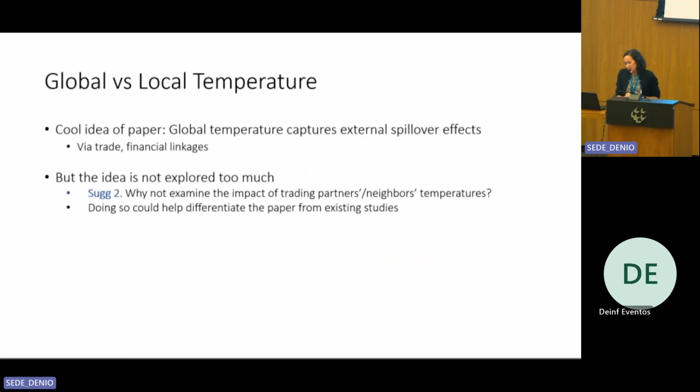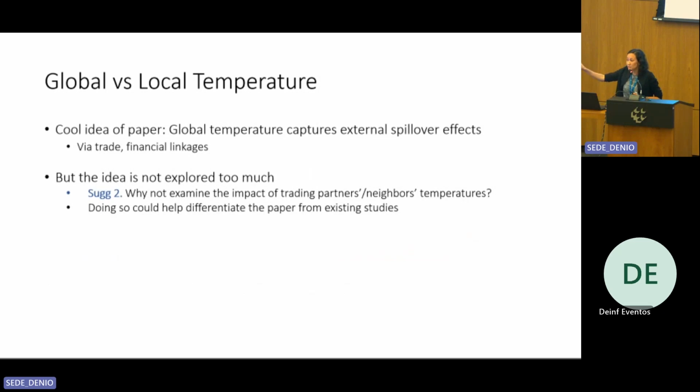So again, cool idea for the paper: global temperature captures external spillovers via trade, via financial linkages, but I think you can do more to show us this. If you think one mechanism is why global temperature is affecting different countries, you could, for instance, instead of doing the global cross-country average of temperature, do for Brazil the average temperature of its main trading partners.